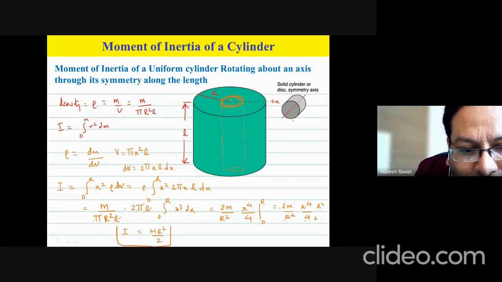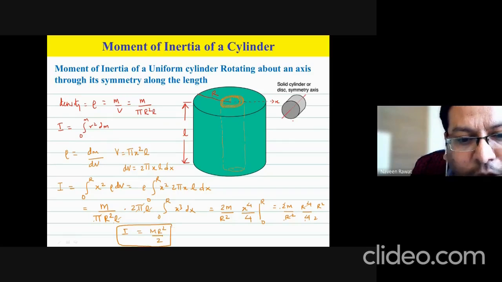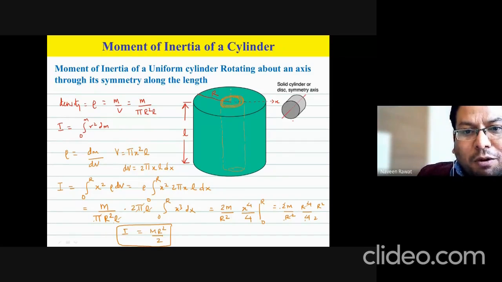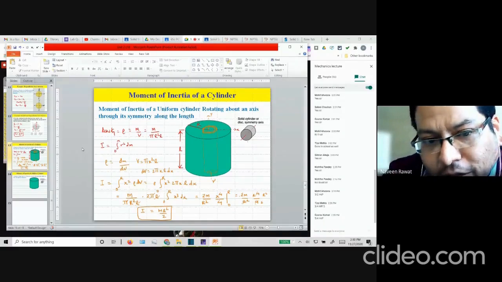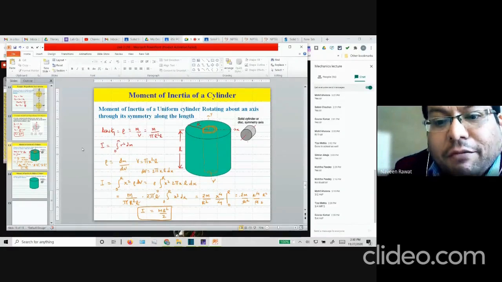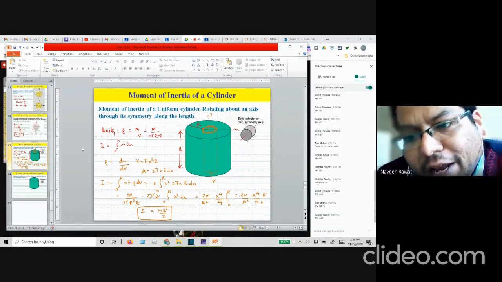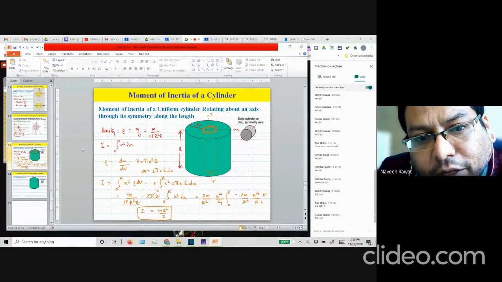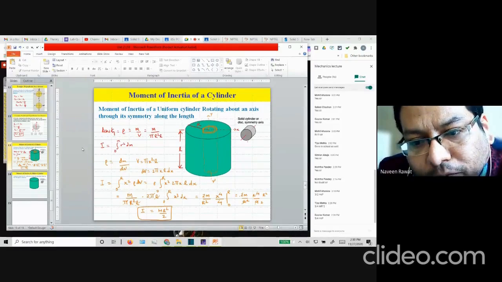There you go. This is the expression for the moment of inertia of a cylinder rotating about this axis, which we call the y prime axis. The value should be m r square by 2. We did the one-dimensional case, the two-dimensional case, and the three-dimensional case, and in all three cases we integrated to create the entire volume of the object.